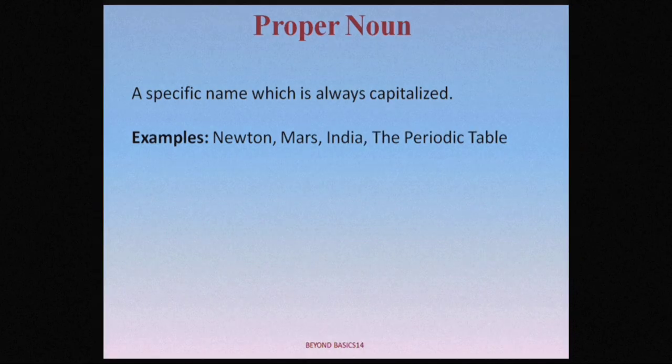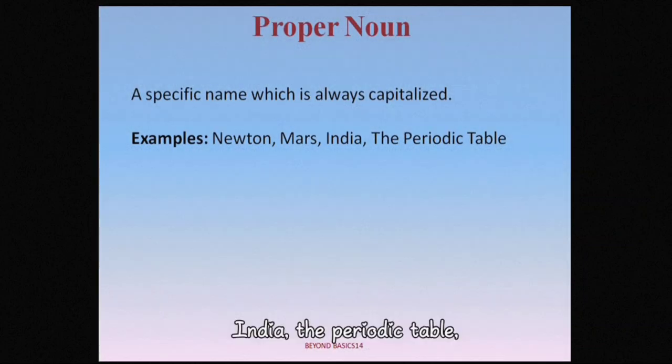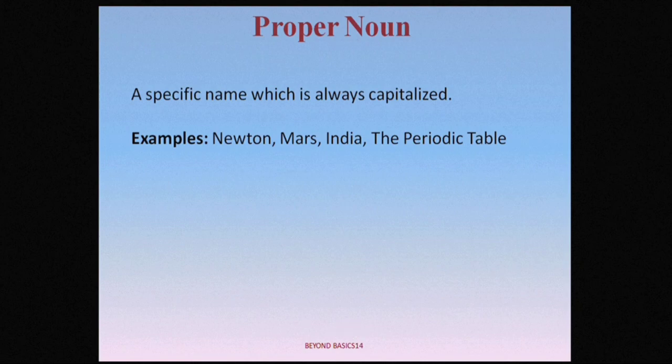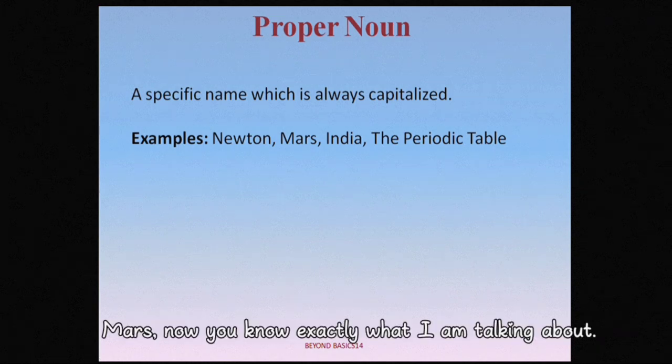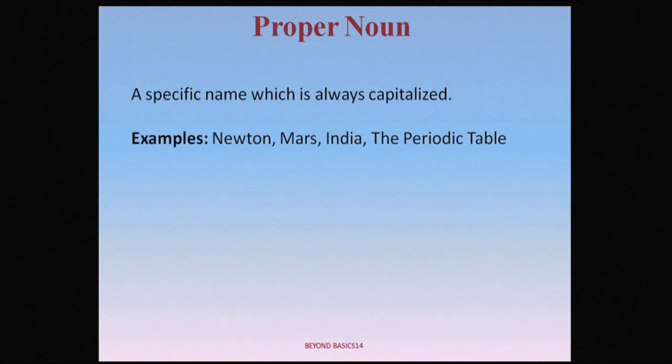The next type of noun is proper noun. A specific name which is always capitalized, like Newton, Mars, India, the periodic table, etc. If I say planet, that's common. But if I say Mars, now you know exactly what I'm talking about.